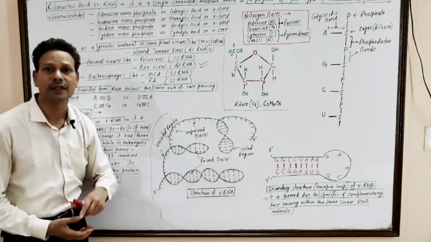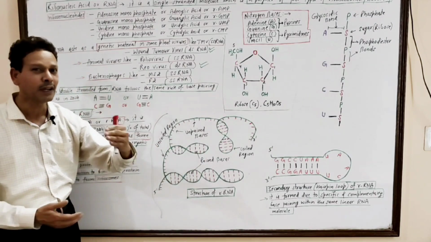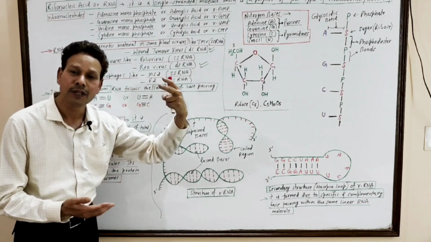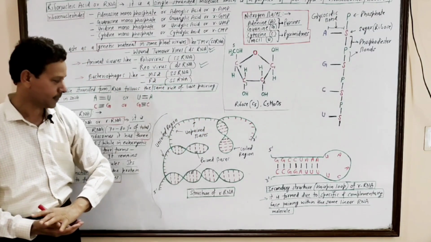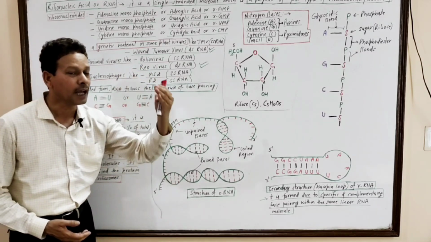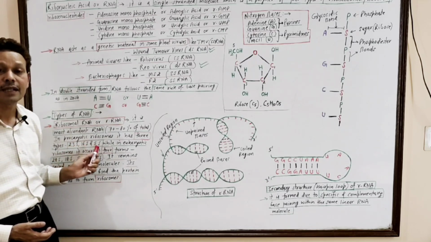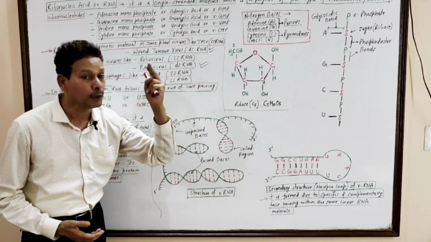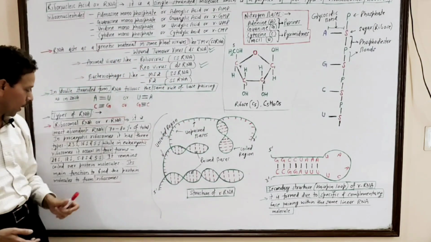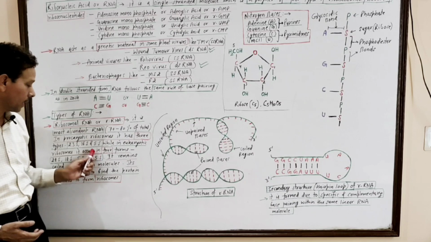In the coiled region, the nitrogen bases show base pairing, always A with U by double hydrogen bond and C with G by triple hydrogen bonds. In prokaryotic ribosomes, there are three types of ribosomal RNA: 23S, 16S and 5S. But in eukaryotic ribosomes, there are four types: 28S, 18S, 5.8S and 5S.